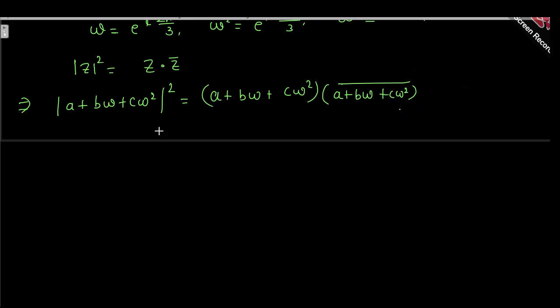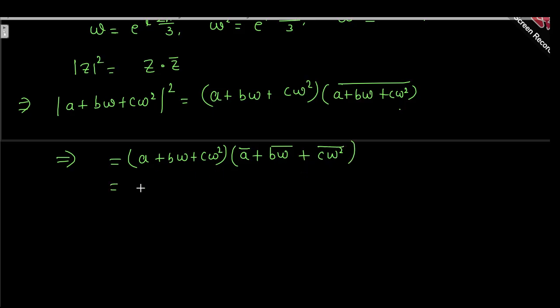Now by the property of conjugates, this is equal to a plus b omega plus c omega square times a conjugate plus b omega conjugate plus c omega square conjugate. We know that the conjugate of a real number is the real number itself, so this is a plus b omega bar plus c omega square bar.